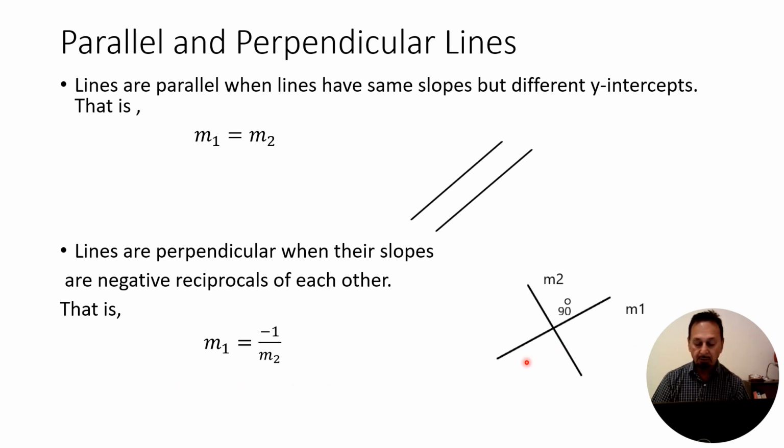So m1 will be -1 over m2. Or when you multiply these slopes, the answer should be negative 1, then the two lines are perpendicular. If the slopes are equal, then we say the lines are parallel.